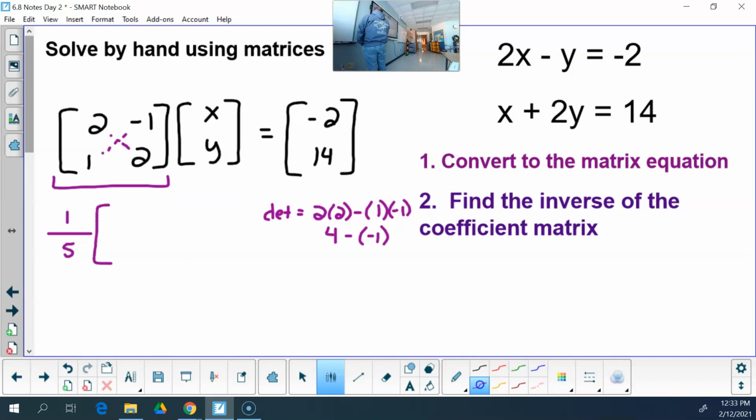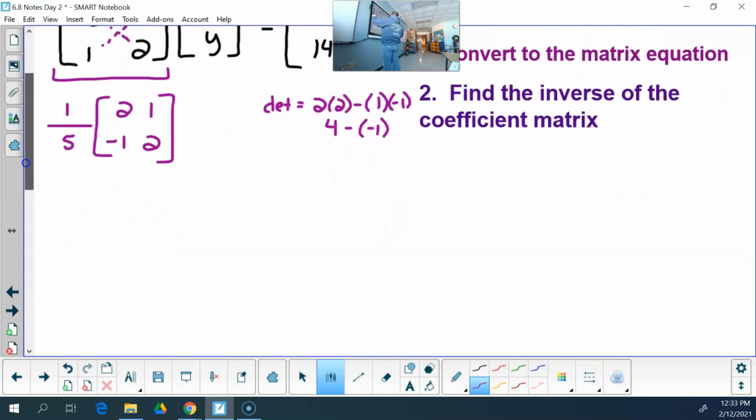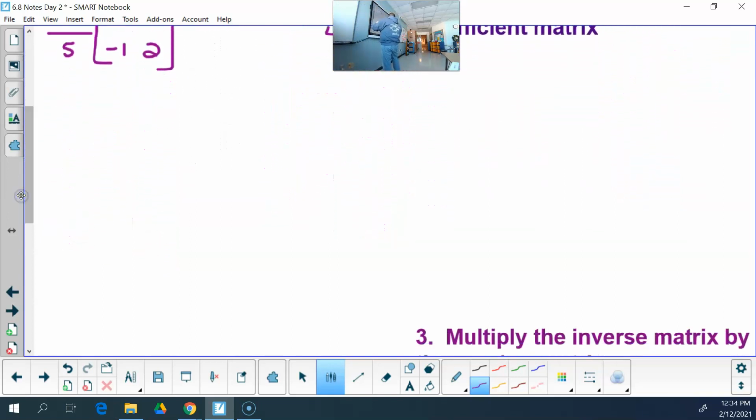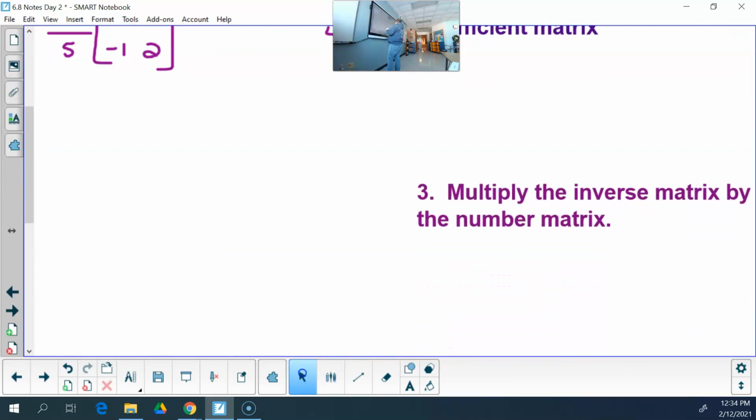Then we switch on the main diagonal, doesn't really change anything, and we negate on the other. Okay? So, boom, we got that. Okay? Love it so far.